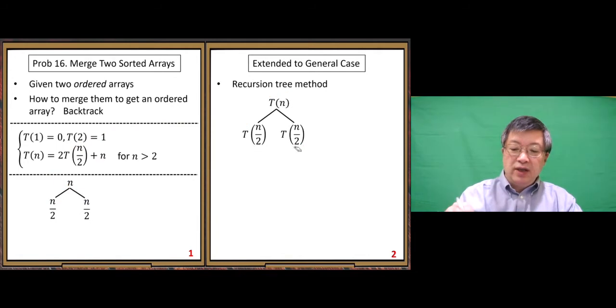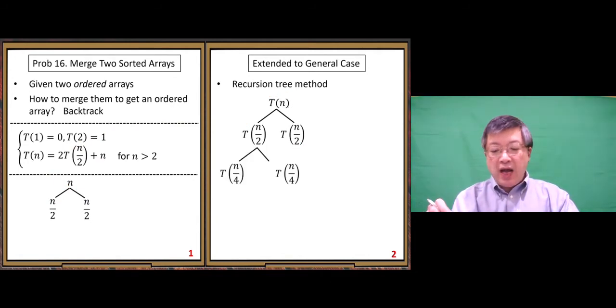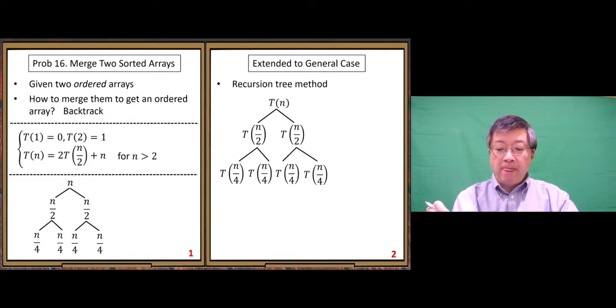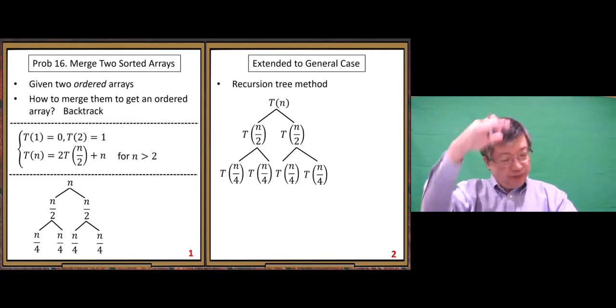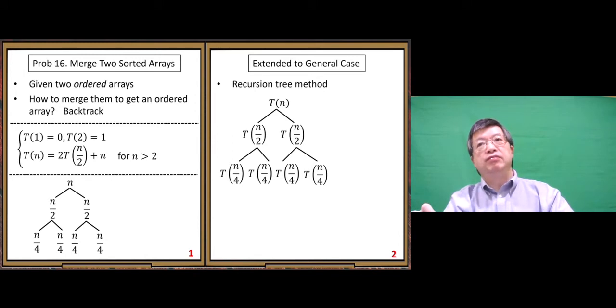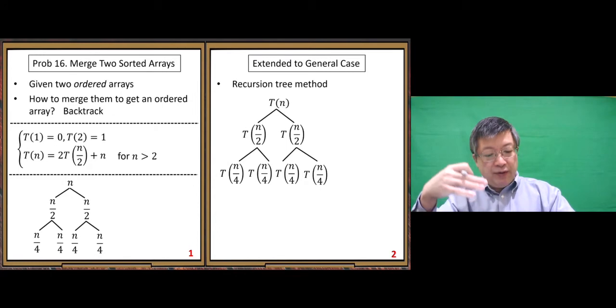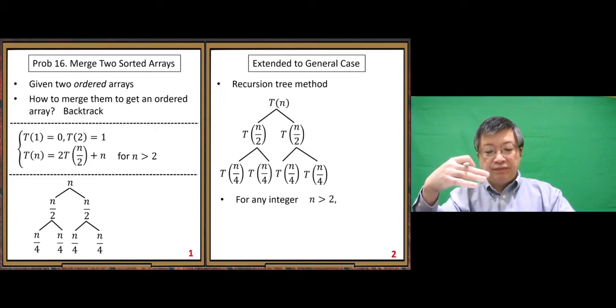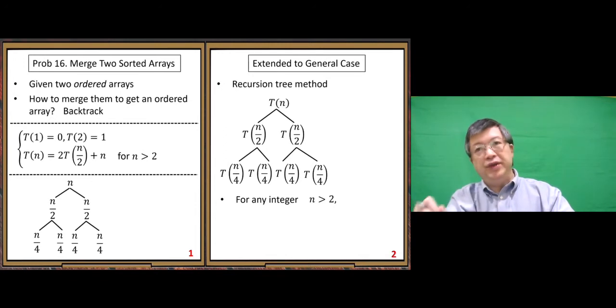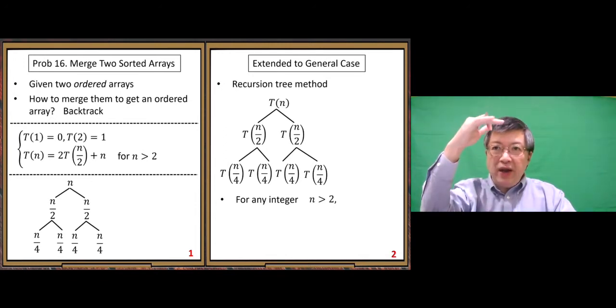With that structure, we go down all the way until we reach the bottom level. We try to figure out how many levels we have. We want to estimate that level number.